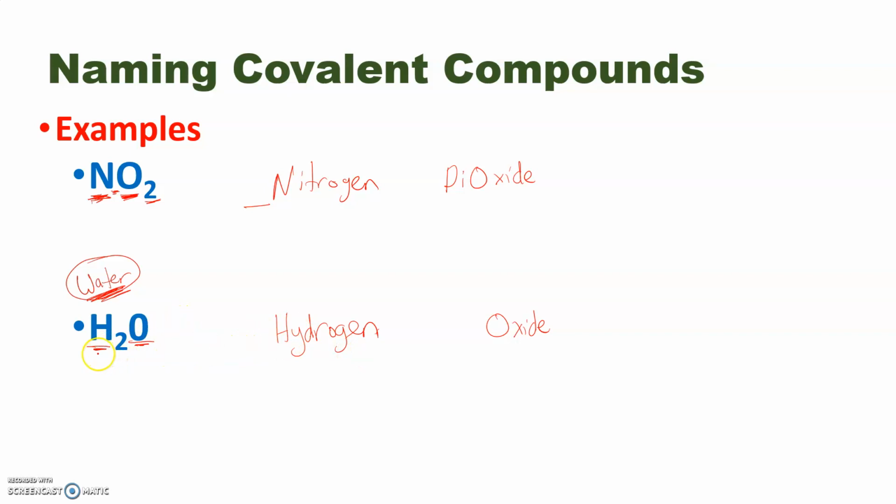Okay, so the first element only gets a prefix if there's more than one, and there is. So I go di. Now the second element always gets a prefix even though there is only one. And then mono is my prefix, but what I do for that is I just go MON, it's monoxide. So anytime you have OO like this, you drop one of the O's.